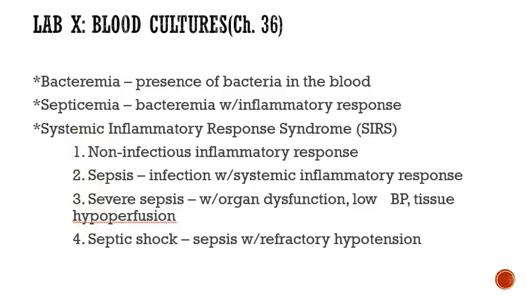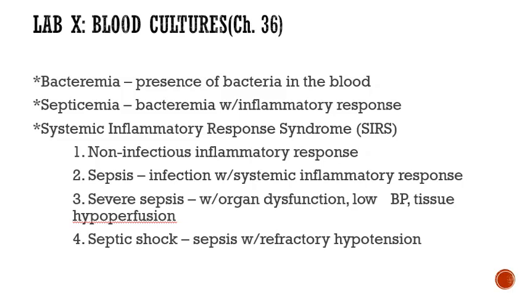So the first part of that is a non-infectious inflammatory response. That moves on to sepsis, which is the infection including a systemic inflammatory response. Then the patient moves into the stage known as severe sepsis, where you have sepsis accompanied by organ dysfunction, hypotension, which is low blood pressure, or tissue hypoperfusion, where you have circulatory failure, so failure of fluids to circulate to the tissues.